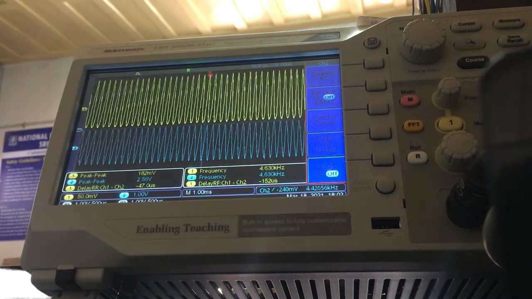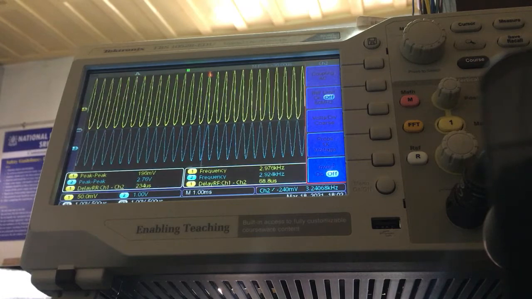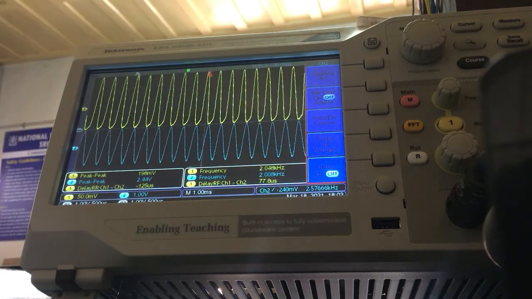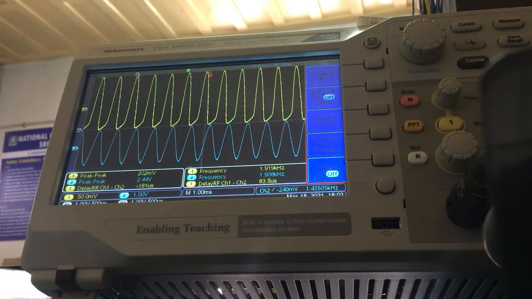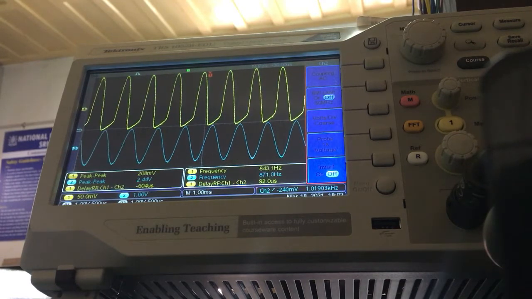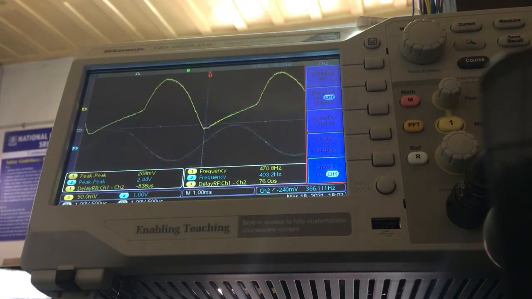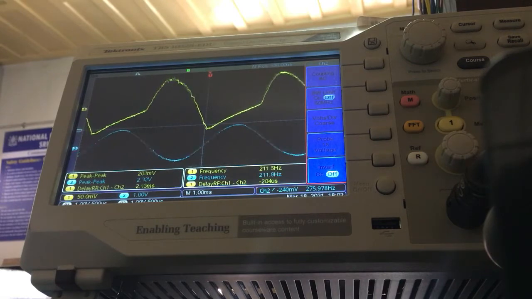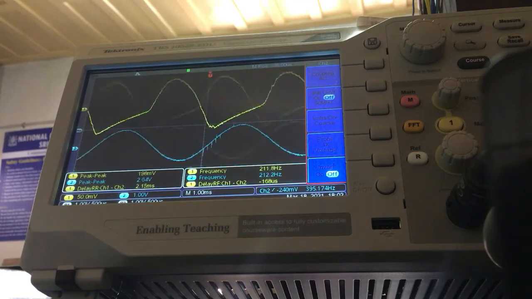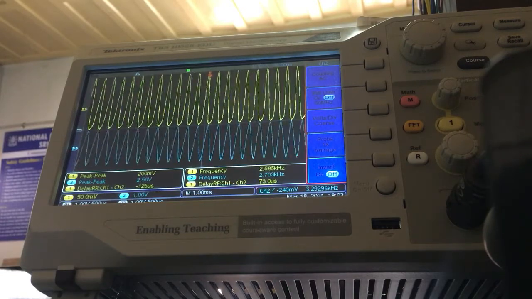Reduce it gradually, and if we look keenly, the amplitude of the received signal slightly increases, and this is at the maximum right now, I think around 900 hertz. As you reduce the frequency, again the amplitude reduces. Peak to peak it is I think 200 millivolts. So this will help us to plot the fidelity curve of the receiver.